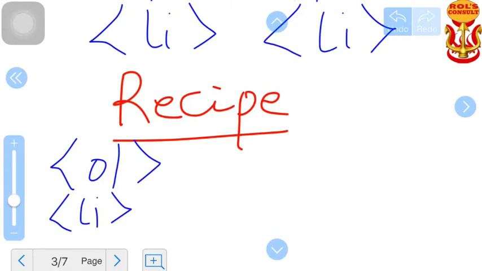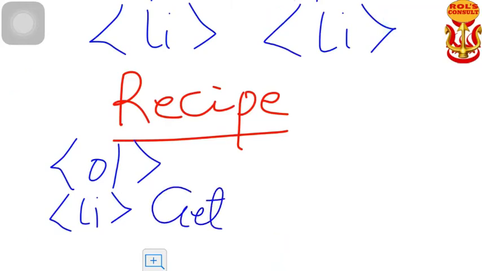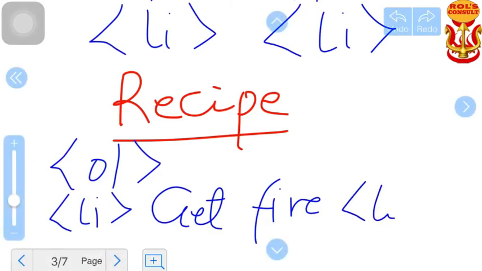Is that not so? Okay, so let's see. Get fire. It's our first step. We'll close this. Is that not so?